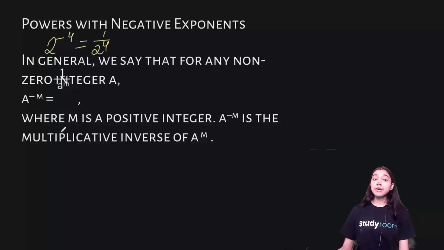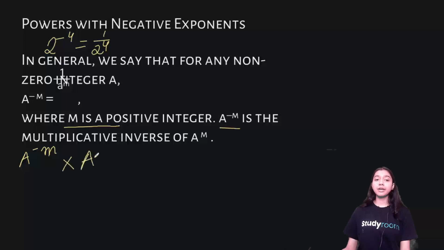Now, if m is a positive integer, a to the power minus m is the multiplicative inverse of a to the power m. How can we say? Let me show you. I have a, a non-zero integer, and we have the power of a as minus m. Now a to the power minus m is multiplied with a to the power m.